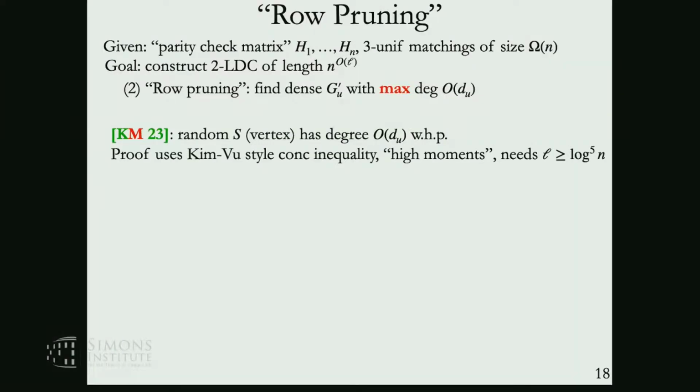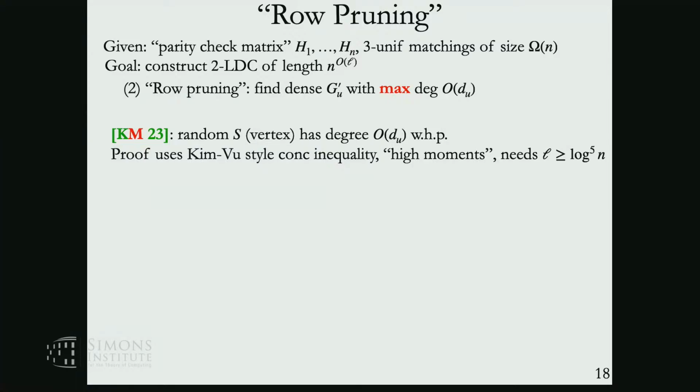And so the tool we use is this Kim-Vu style concentration inequality, which is a really cool concentration inequality for low degree polynomials in variables that are random, like Bernoulli p random variables. And essentially what's going on here is the degree of a vertex S is a low degree function of the indicator variables of whether v appears in S or not.